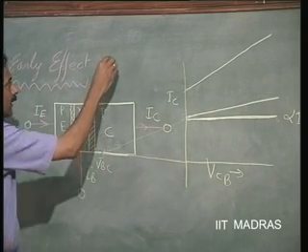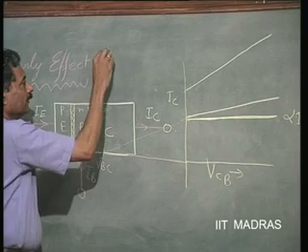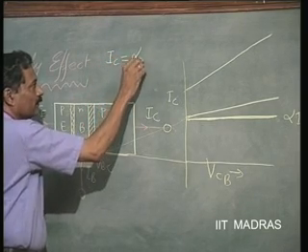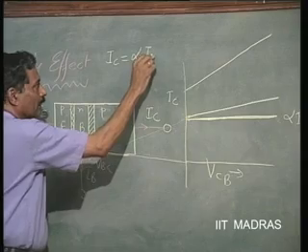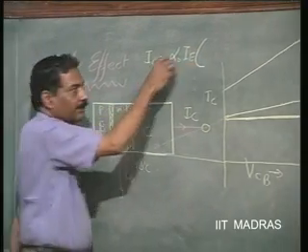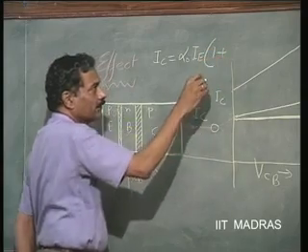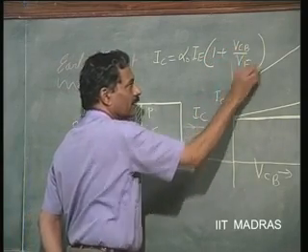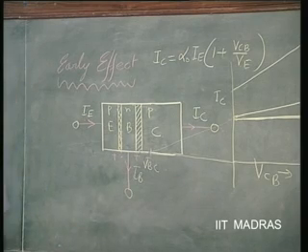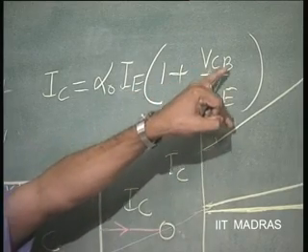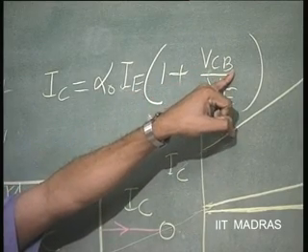Or mathematically, I can say IC is equal to alpha 0 times IE, which is the factor independent of VCB, times 1 plus VCB divided by VE, where VE is the early voltage. So, it is a factor dependent upon VCB.